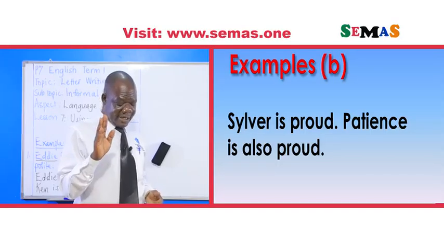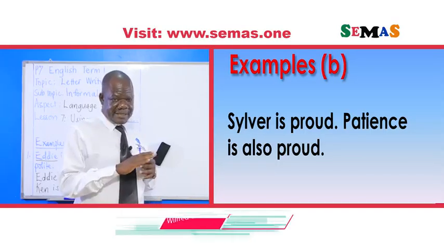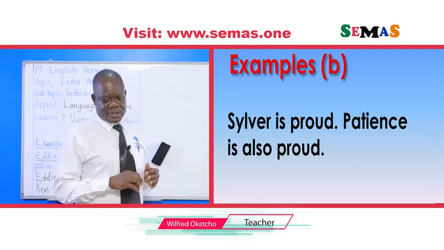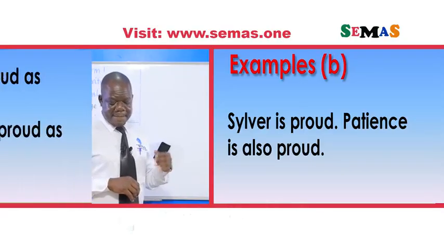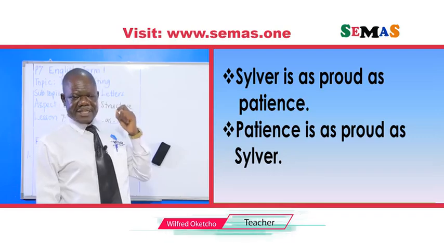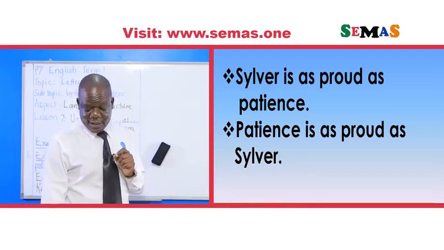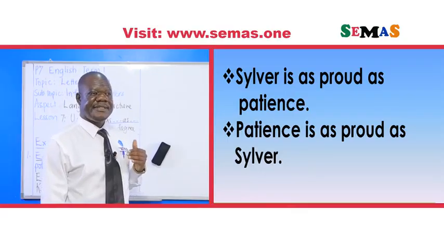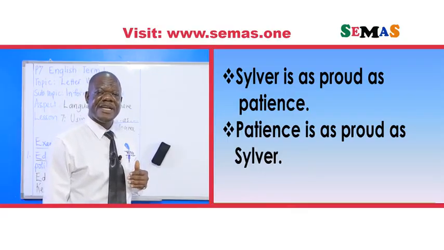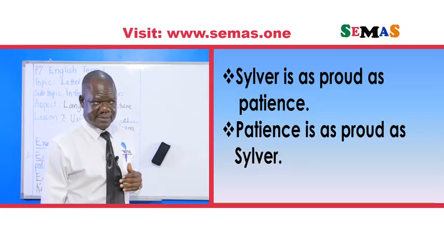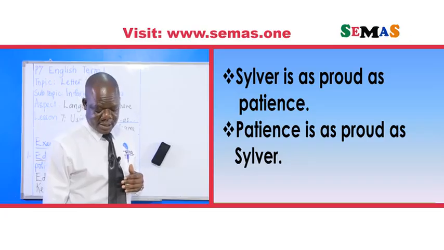Because of that, we are going to begin the sentence with either of the names. And we say, Patience is as proud as Silva. Or Silva is as proud as Patience. Okay?